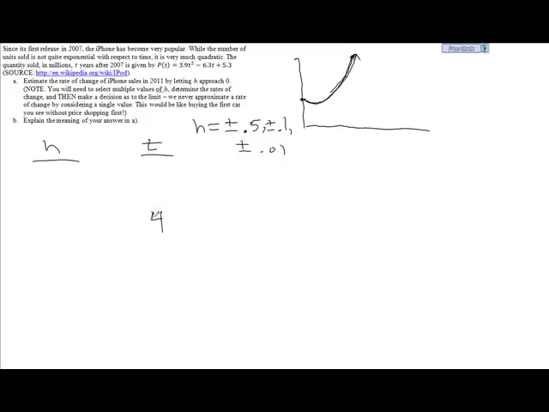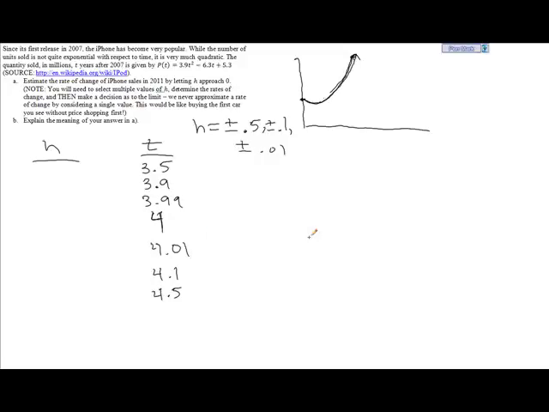So what does that mean? That means I'm going to be comparing T equals 4 to 3.5, and I'm going to be comparing it to 4.5. What I mean by comparing is we're going to find the rate of change between the fixed point at 4 and each of these 2 points, some points before 4 and some points after 4. So plus or minus 0.1 puts us at 3.9 in this direction and 4.1 in this direction, and 0.01 puts us at 3.99 and 4.01.